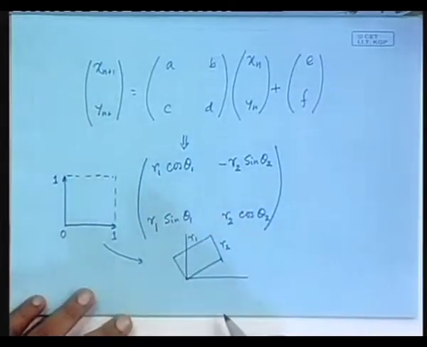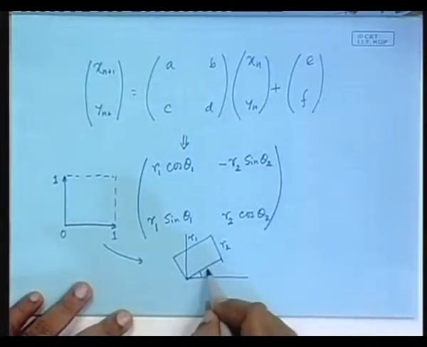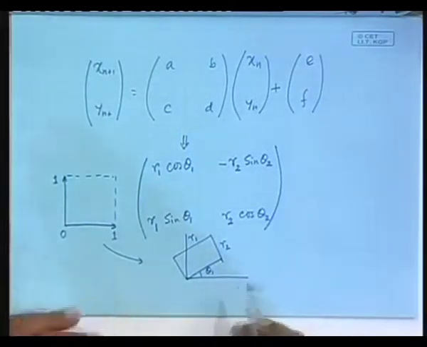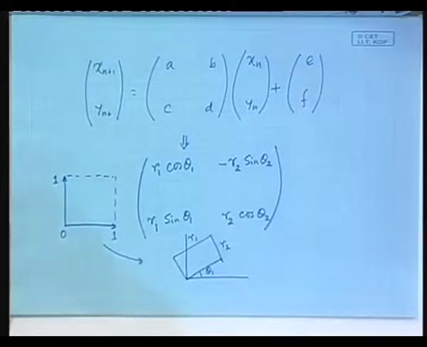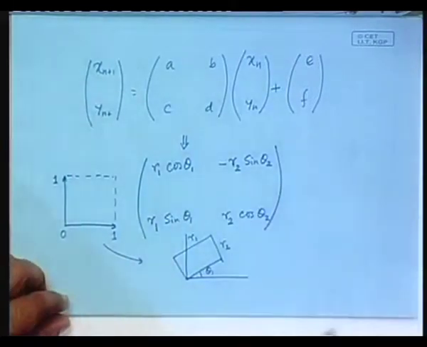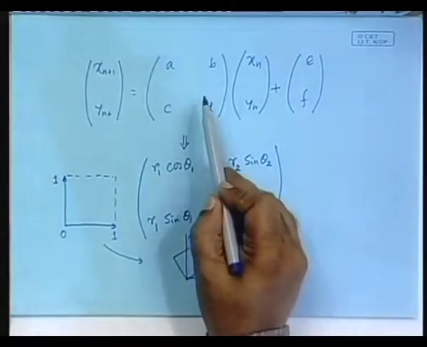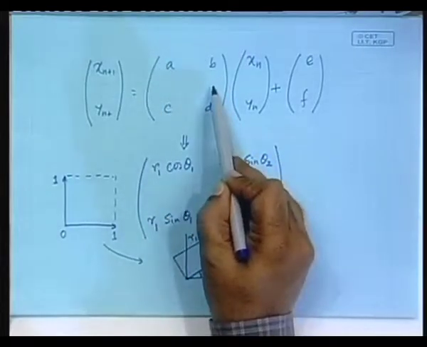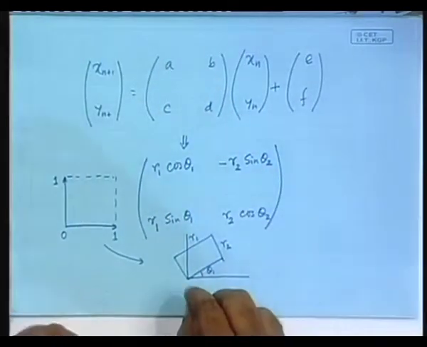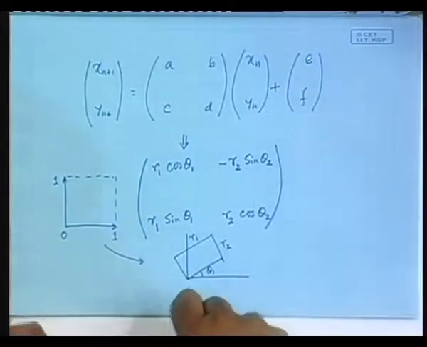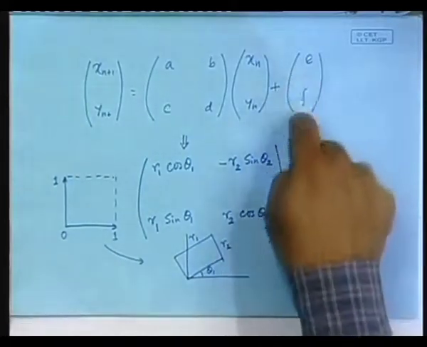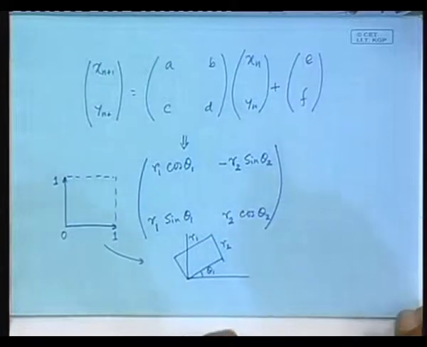That is how you interpret the angle theta 1, and the other one I cannot represent here. Anyway, we can visualize that. The point is that the ABCD matrix essentially does things with the thing rooted at the same point, the origin, and then these 2, e and f, give the x coordinate shift as well as the y coordinate shift. So, that is how you can define the steps.